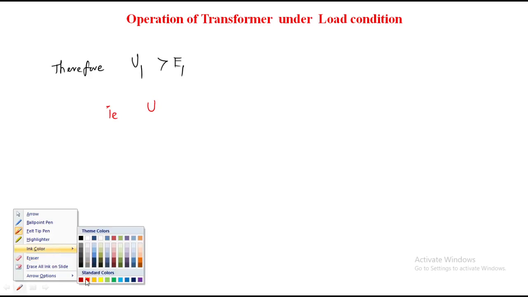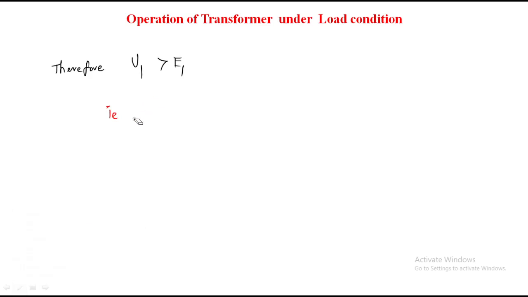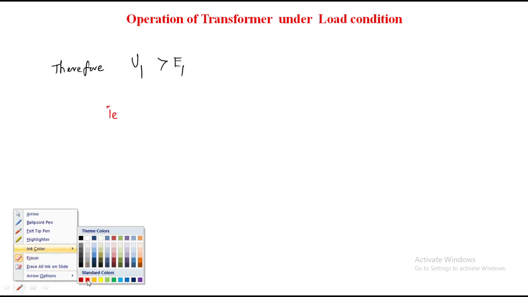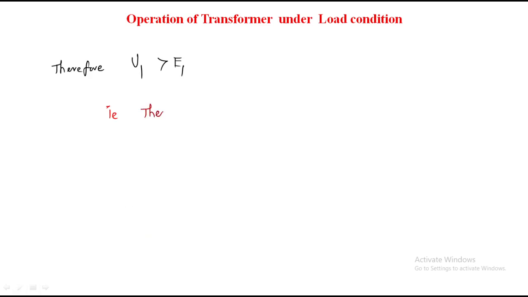It's better. So obviously, therefore V1 should be more than E1, right? That is, there is a potential difference, that is, there is a resultant voltage between V1 and E1.